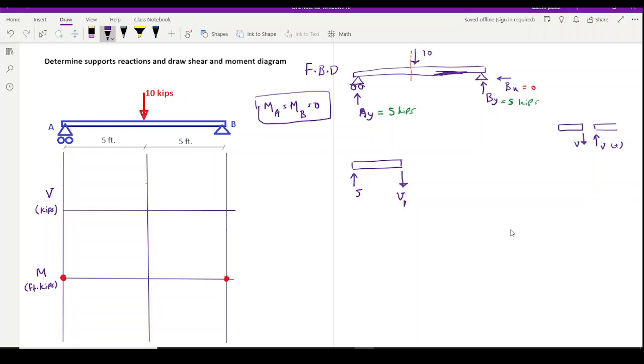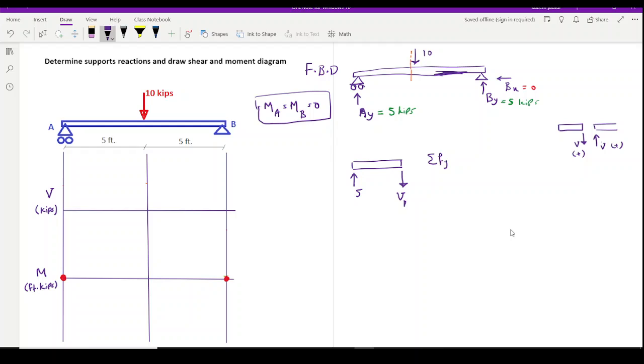To explain this, assume that when you want to cut or shear this, your right hand goes up and your left hand goes down. Therefore, on the right side positive is upwards, on the left side positive is downwards. So this V here is positive downwards.